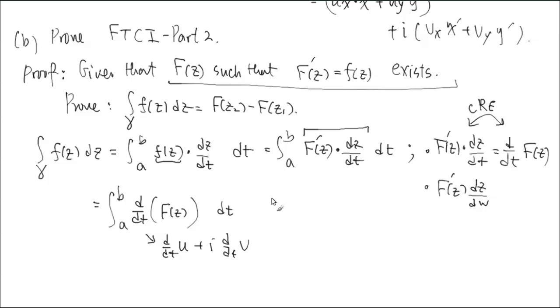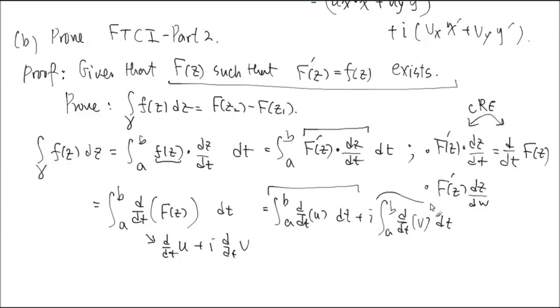So we have the integral from a to b of d/dt of u in terms of t dt, plus i times the integral from a to b of d/dt of v in terms of t dt. By definition that is the meaning if you separate the real part and imaginary part of capital F. But there's no complex number at all. What happened to that part? There's a real-valued function only in terms of t after you compose it.